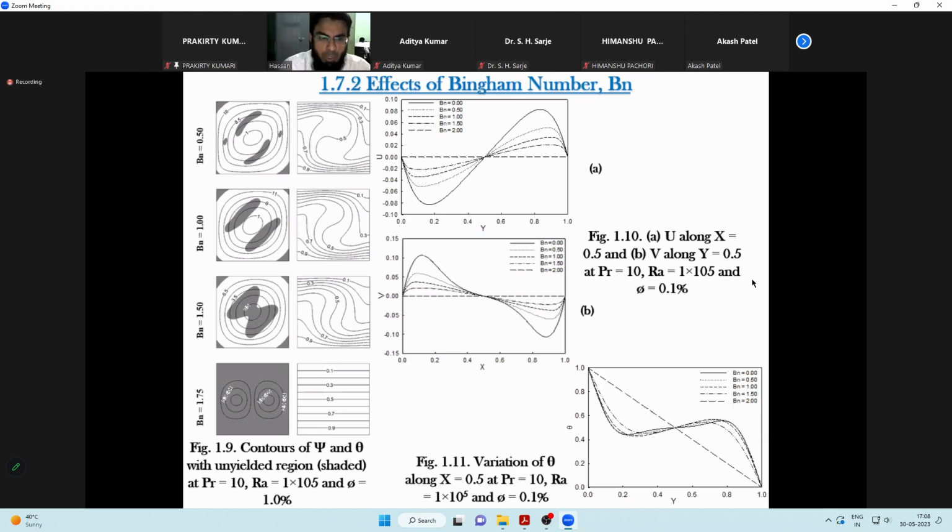And then you come to a situation when Bn is equal to 1.75 at Ra is equal to 10 to the power 5. It's not 105, it is 10 to the power 5. The fluid ceases to move. The fluid is perfectly stagnant. There is no movement. This Bingham number is called the critical Bingham number, at which there will be no motion, at which the fluid will behave as a solid.